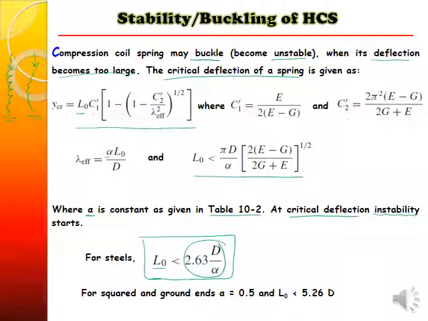D is the mean coil diameter, and alpha will depend on the end type: plain end, plain end ground, squared end, and squared end ground.